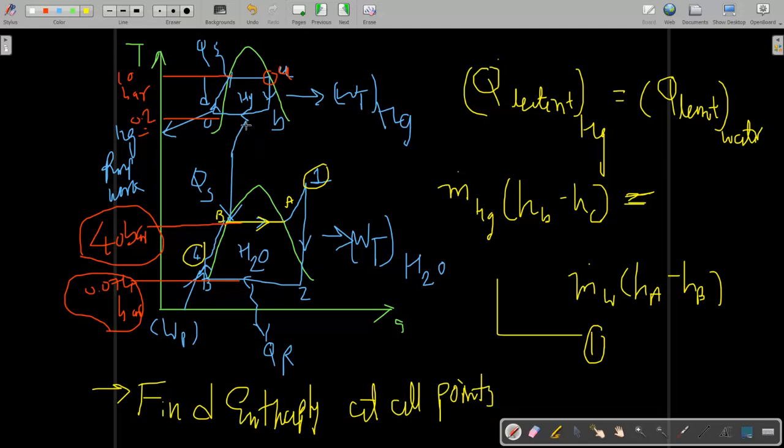So here the points are small a, small b, small c, small d, point number 1, point number 2, point number 3, point number 4, point b, and point a. That means here we have to find enthalpy at a total of 10 points.